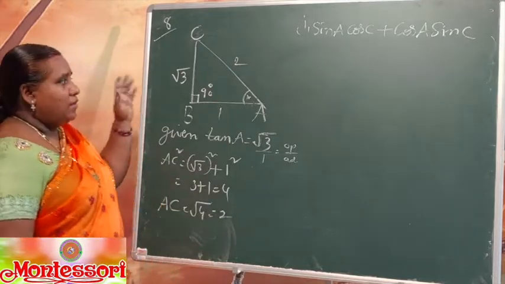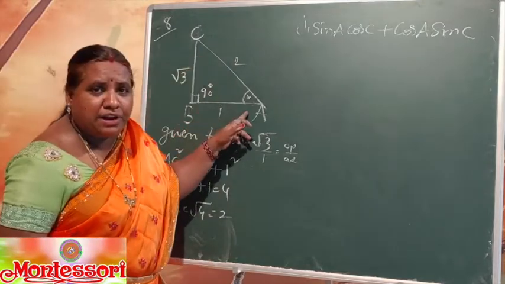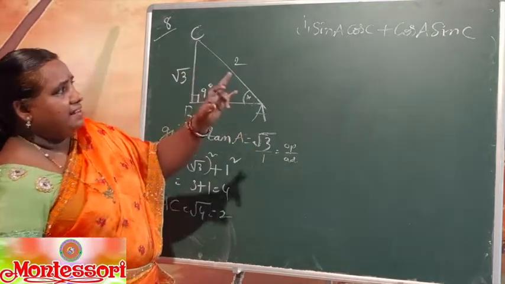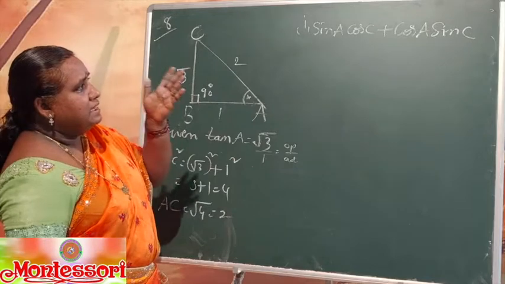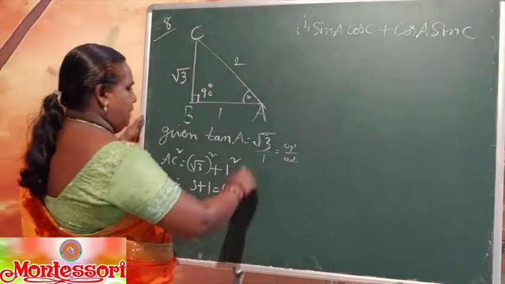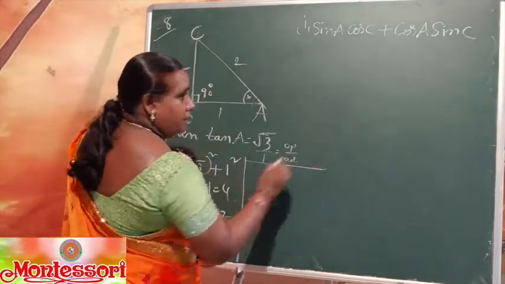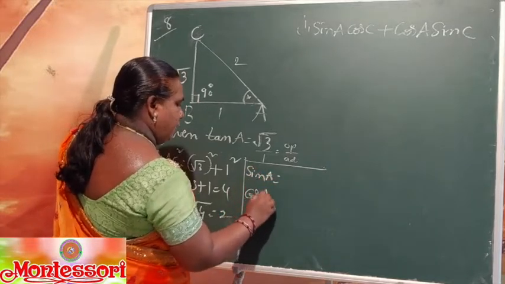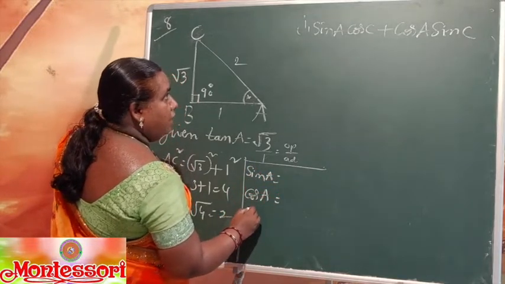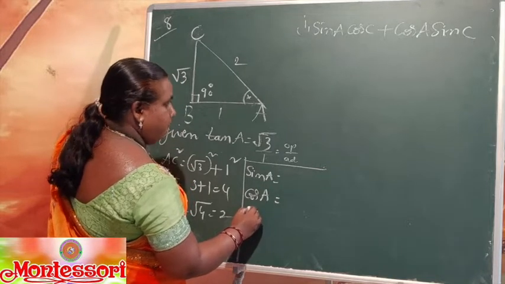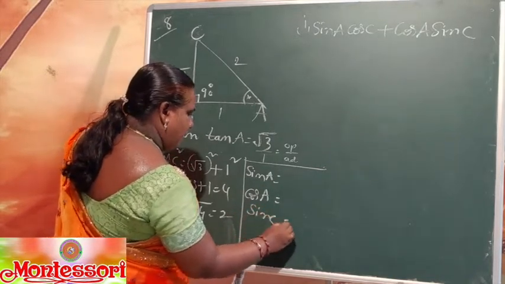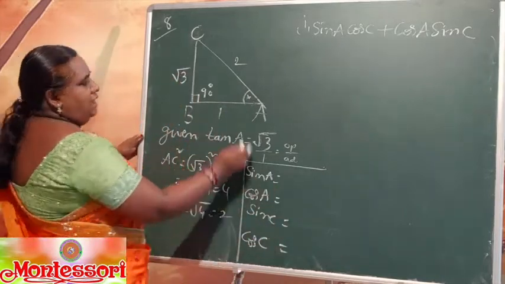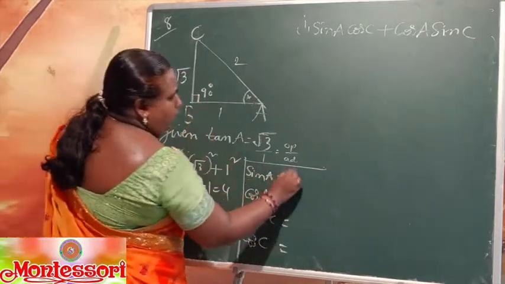Okay children. So how did you get the hypotenuse here? Pythagoras theorem. Now we can find what is sin A, cos A, what is sin C, cos C. For example, sin A, you know that opposite by hypotenuse, that is root 3 by 2.